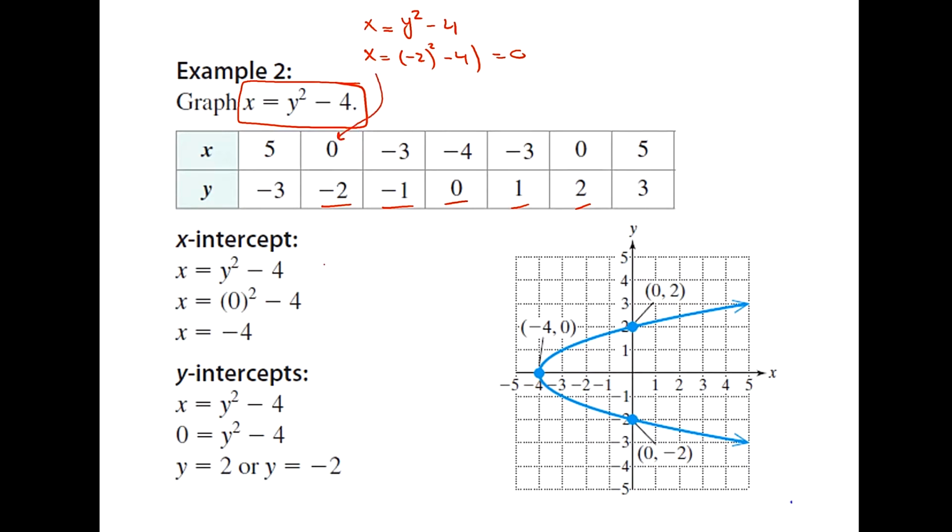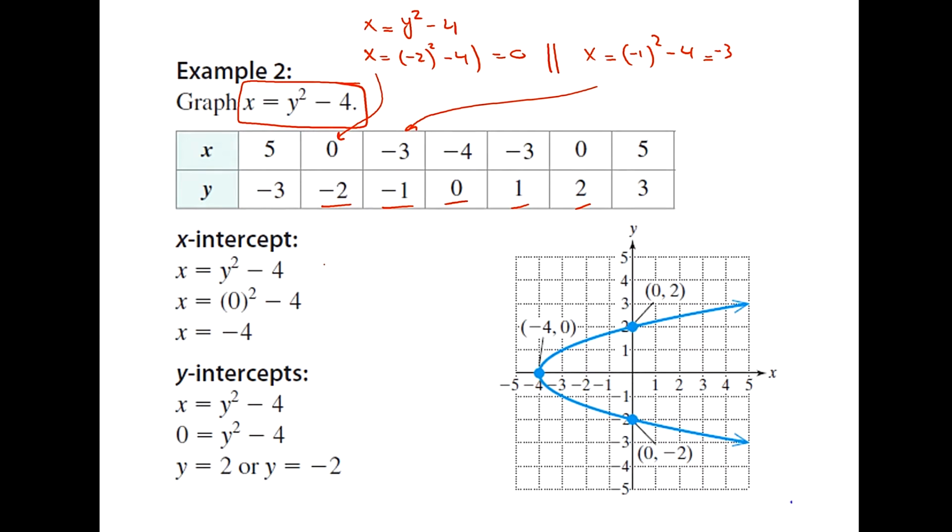When we substitute minus 1, x equals minus 1 squared minus 4, which is 1 minus 4, equal to negative 3. And when we substitute 0, we have minus 4.